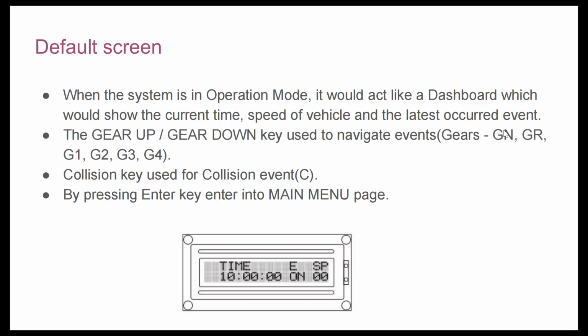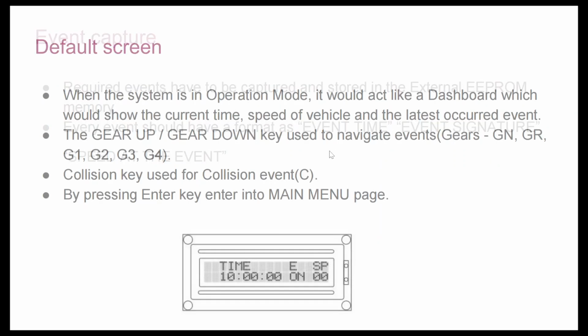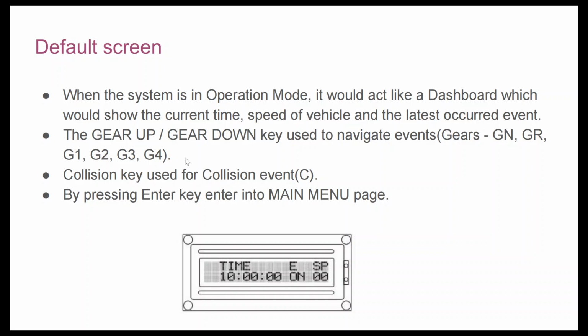Let's see. So 1, 2, 3, 4, 5, 6, and then 7 for only gears. And then we have on, and then we have collision. Correct, no? We have on and then collision. Only for gears, GN, GR, G1, G2, G3, G4. Here only we have 6, and then one more, G5, 7. And then we need collision and then on. Totally how much?